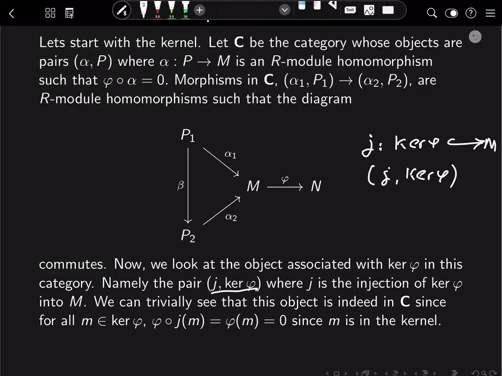To check that, we need to show that phi composed with J is the trivial morphism. But J is just the injection of the kernel of phi into M.